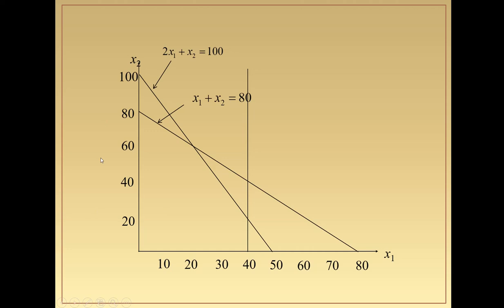Since x1 and x2 are non-negative, we cannot shade the area on the negative x1 side. In the second quadrant, x1 is negative.